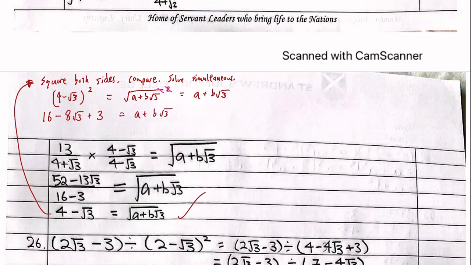So far, okay? What's 16 plus 3? 19 minus 8 root 3 equals to a plus b root 3. So what do you conclude? A equals to what? 19, b equals to -8. Exactly. That's all. Okay, next.